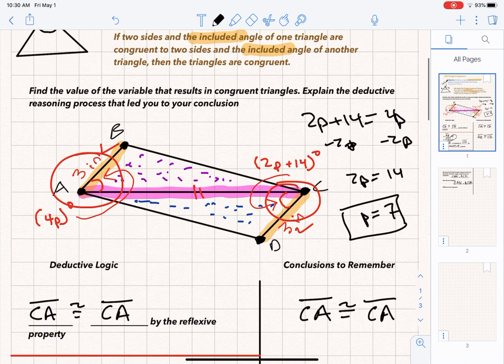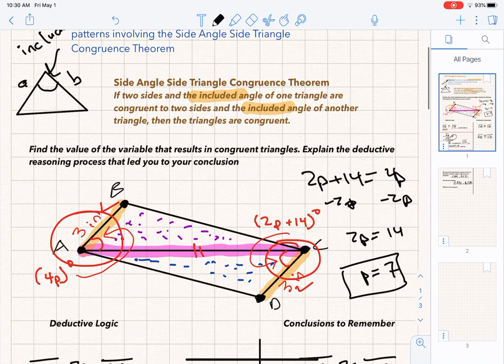And so the question that we worked on right at the beginning, using our instinct, is we have to find the value for p that makes those two angles congruent.